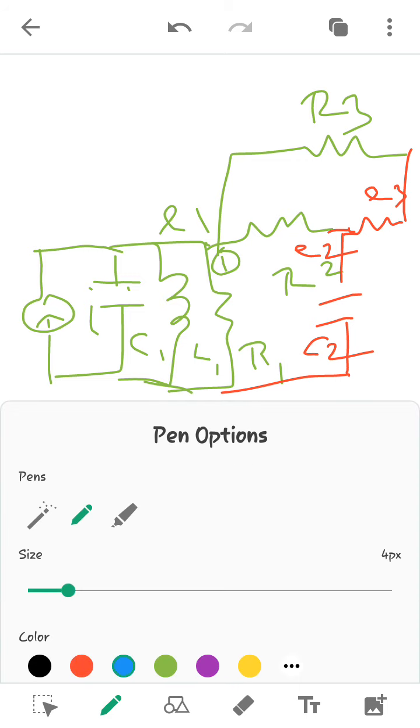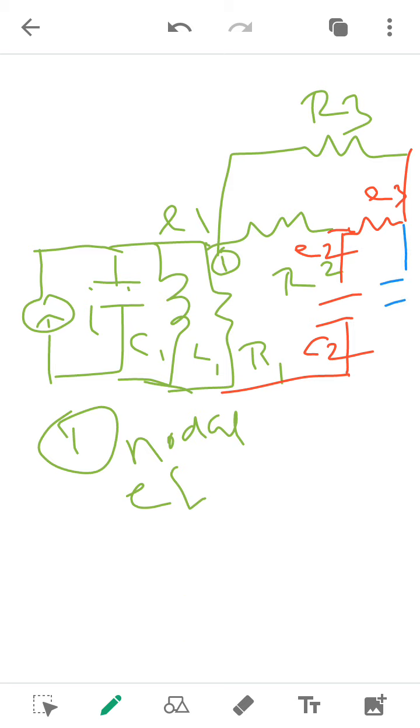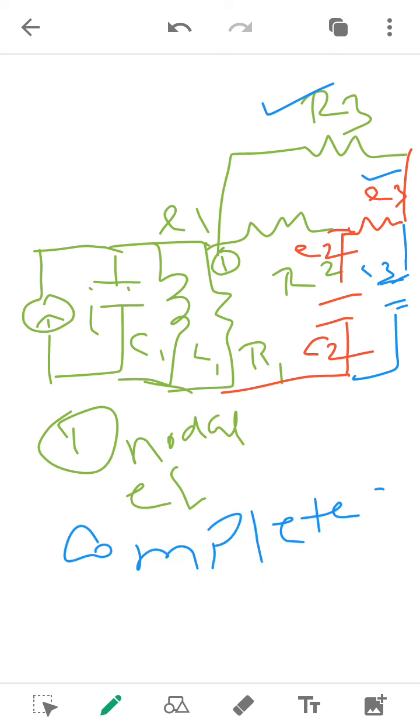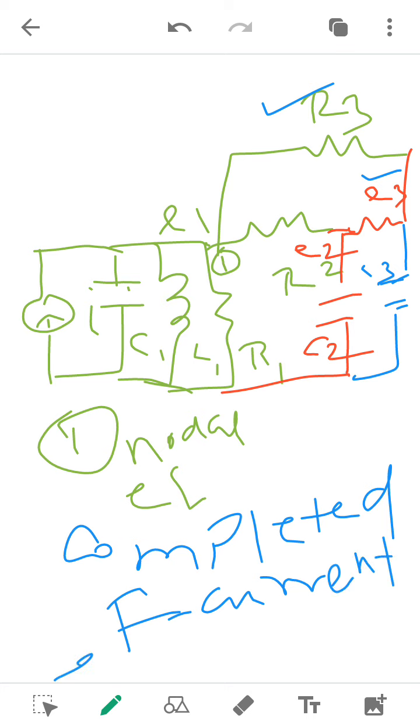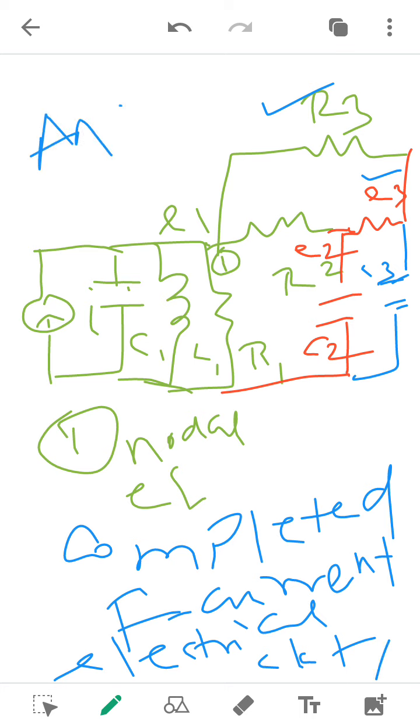Now for the final nodal, you are having a capacitor C3 and E3, and so this is the complete force current electrical analogous circuit. Okay, this completes the problem.